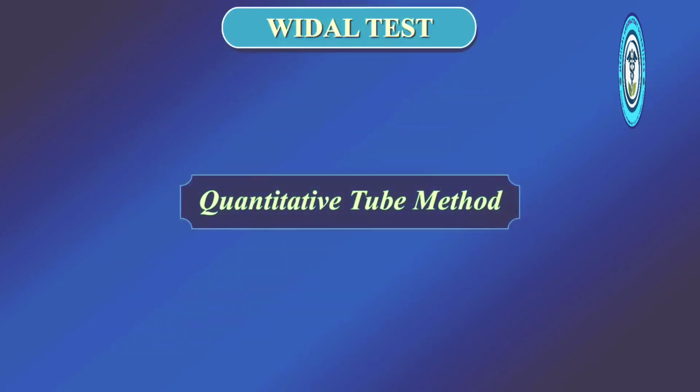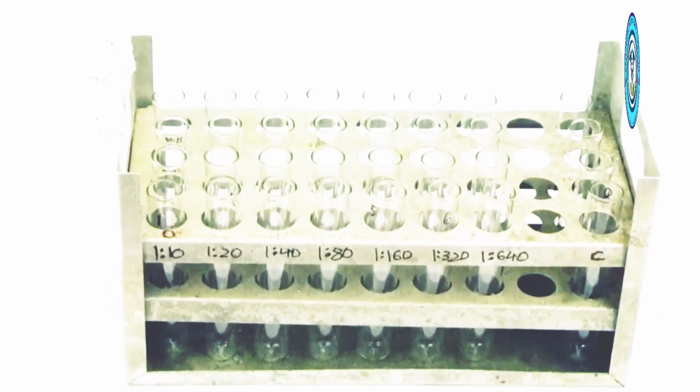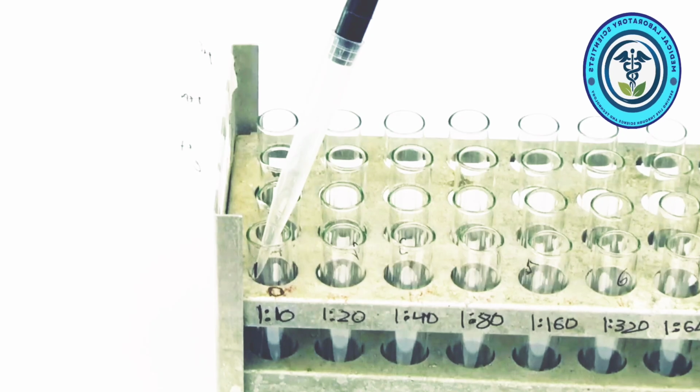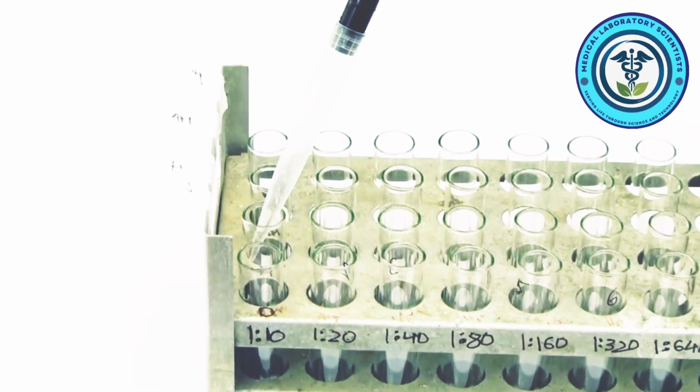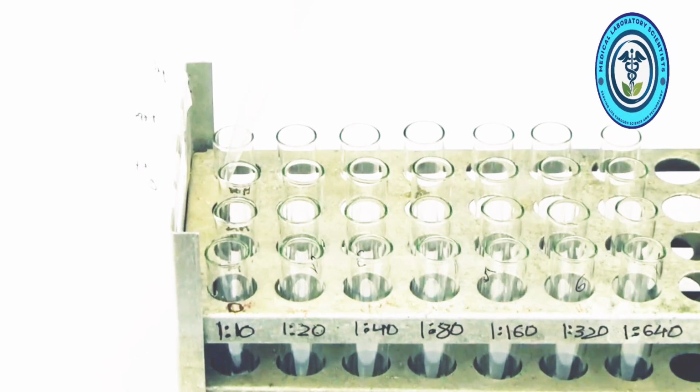Quantitative tube method. Take appropriate number of sets, 1 set for each antigen suspension, of 8 Kahn tubes or test tubes, and label them 1 to 8. Pipette 1.9 milliliters of physiological saline into tube number 1 of all sets.